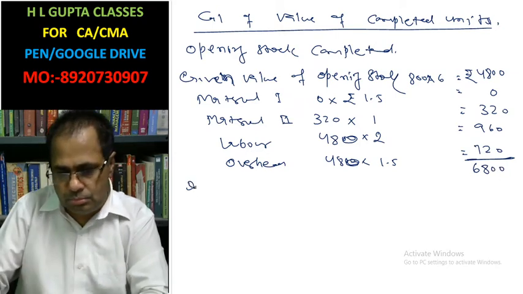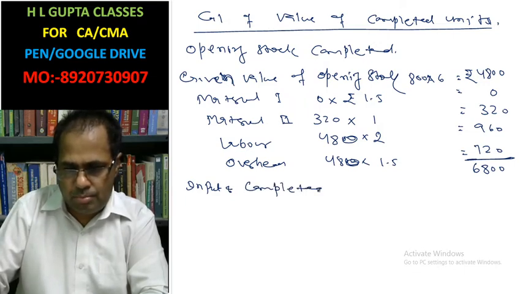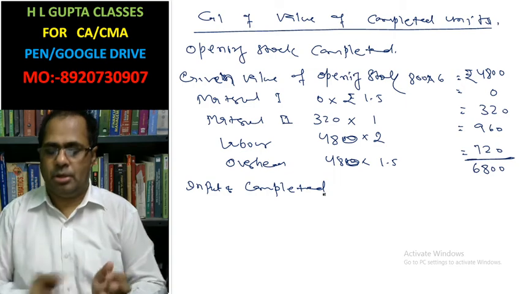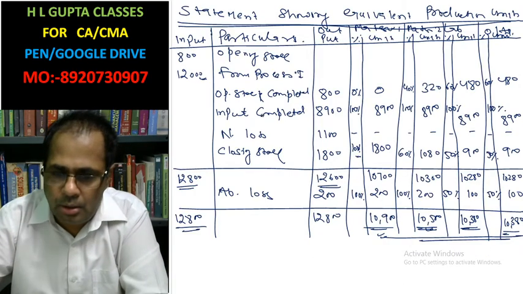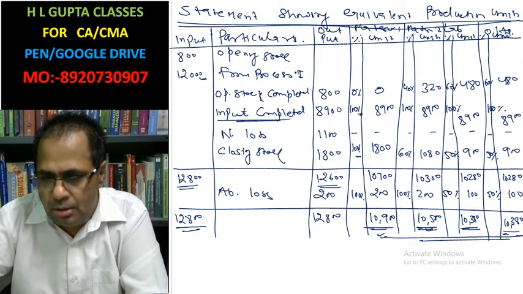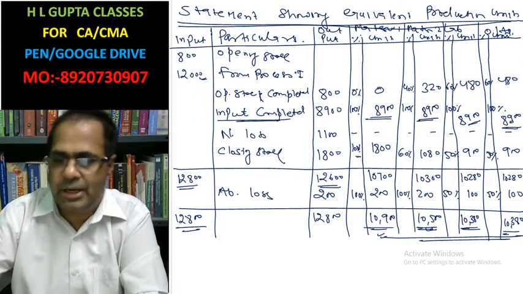Input and completed. Look at it. Material first. This is input and completed. Input completed. In material first 8,900, material second 8,900, labor 8,900, overhead 8,900.